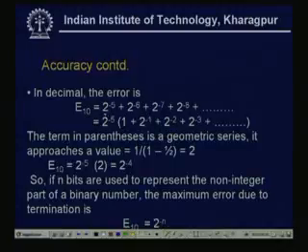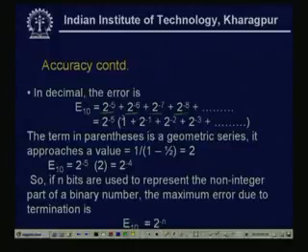This is 2 to the power minus 5 for the 5th bit. The error for the 6th bit is 1 into 2 to the power minus 6, then 2 to the power minus 7, 2 to the power minus 8, and so on. If I take 2 to the power minus 5 common, it will be 1 plus 2 to the power minus 1, 2 to the power minus 2, plus 2 to the power minus 3, like that.